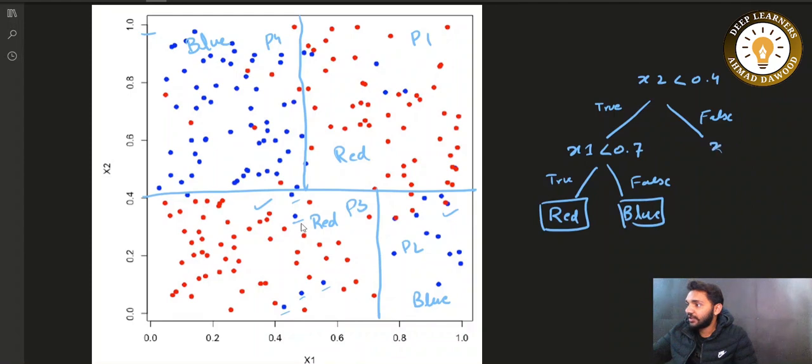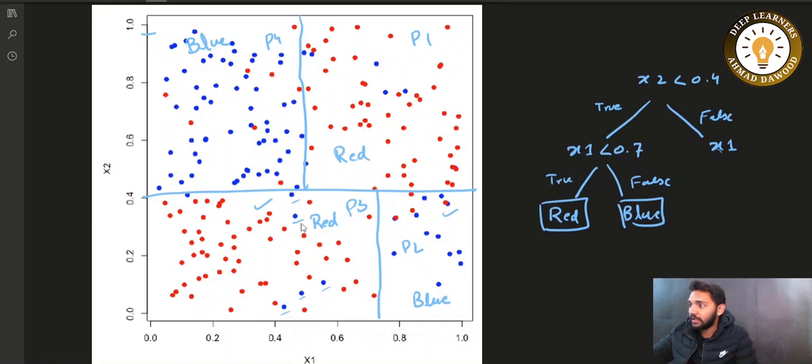Again, you will ask a question on the basis of x1 to split the partition that only has data points greater than 0.4 for the x2 feature.